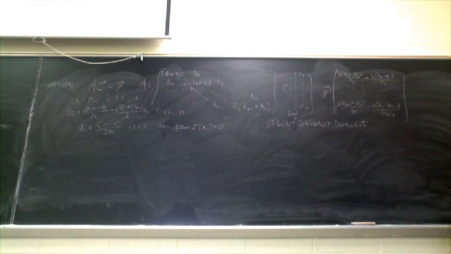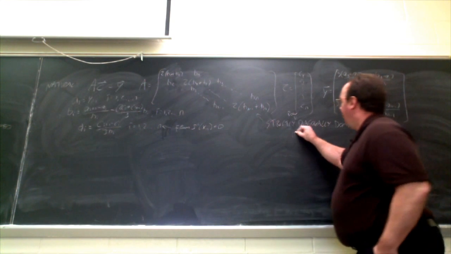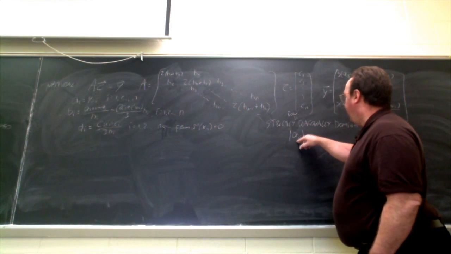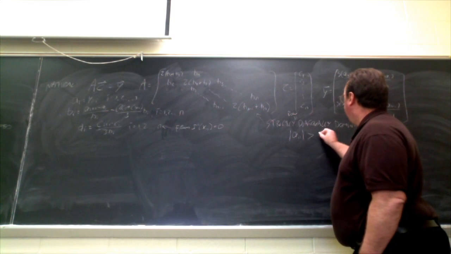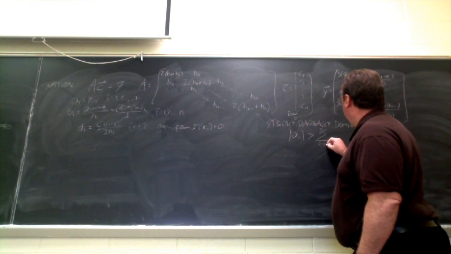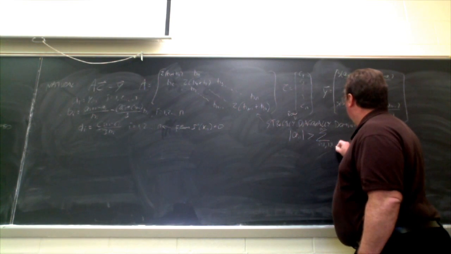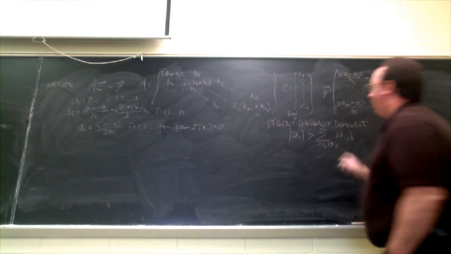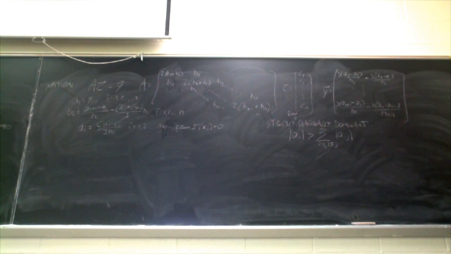What that means is in each row, the diagonal entry is strictly greater in absolute value than the sum of the absolute values of all other elements in that row.